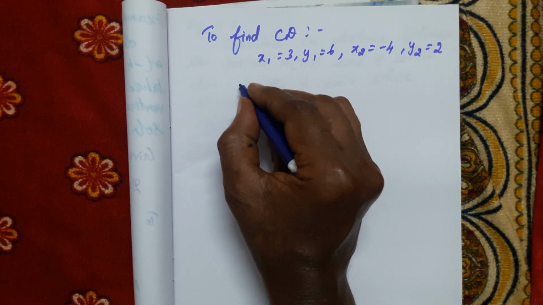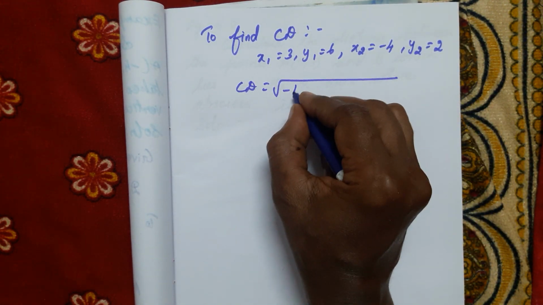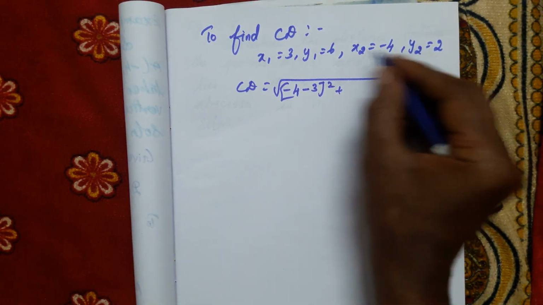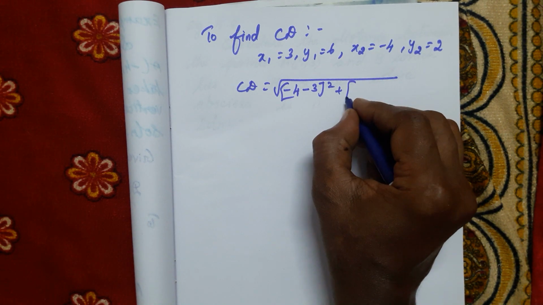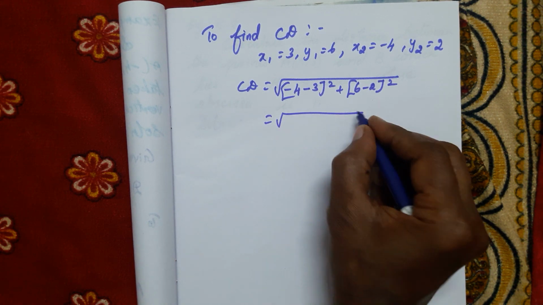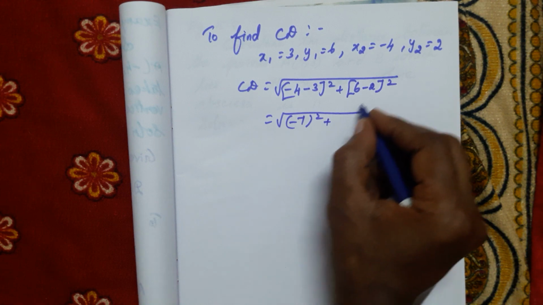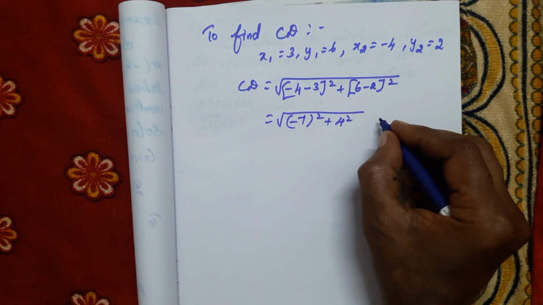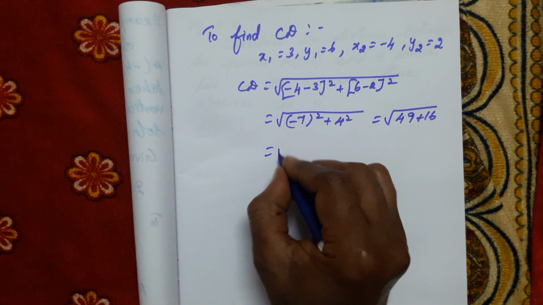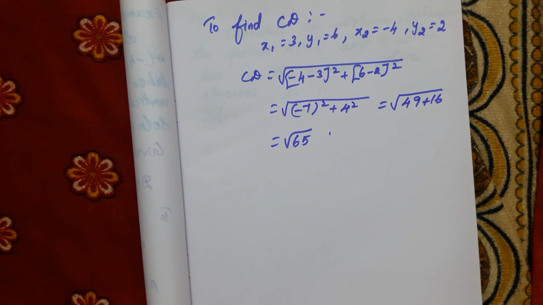So the distance CD is equal to root of (x2 minus x1) the whole square, (-4 minus 3) the whole square, plus (y2 minus y1) the whole square, (2 minus 6) the whole square. It is equal to root of (-7) the whole square plus (-4) square, which is root of 49 plus 16. It is equal to root 65. CD is equal to root 65.